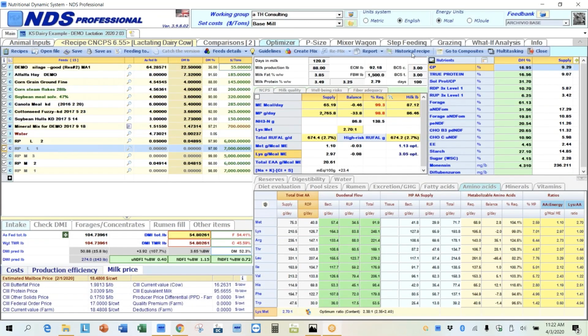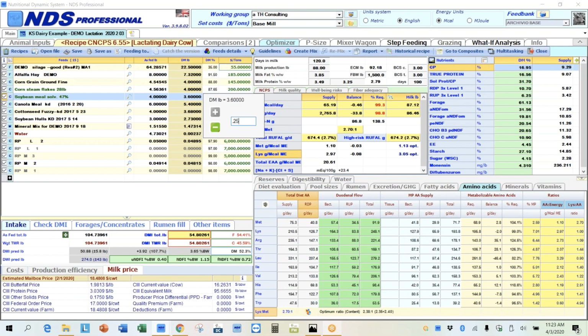A lot of people will now go in and, using the 88 pound level, the idea is I could lower my total MP by 3 to 5% once I hit methionine and lysine. So in this instance, what I could do is come in here and click here and maybe take minus 0.25 out of soybean meal.